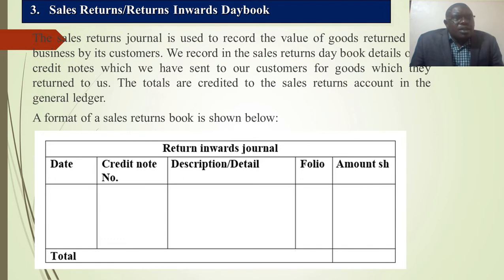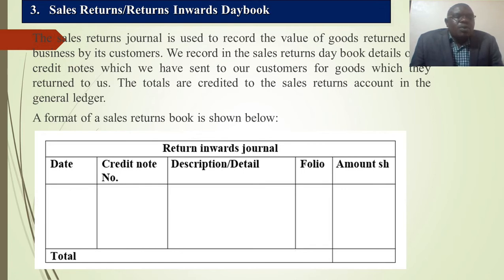So the format of sales returns journal is as shown at the bottom of that slide. The heading is Return Inwards Journal or Sales Returns Journal. But what is unique about this journal from the previous two is that there is an additional column for credit note number.